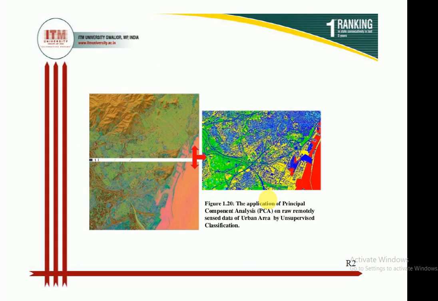So what happens in principal component analysis? The images in all types of bands are compared, and the band in which the land feature is very different from the others is considered, and it is called the first principal component. And the other images which resemble each other are grouped into one.